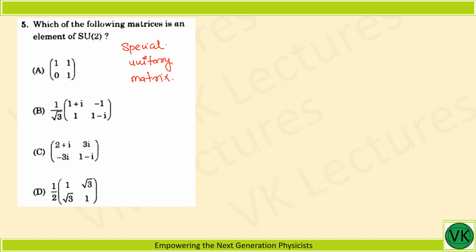Now what does a special unitary matrix say? SU(2) is a 2 by 2 complex matrix.